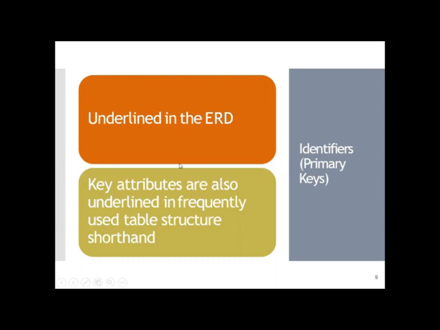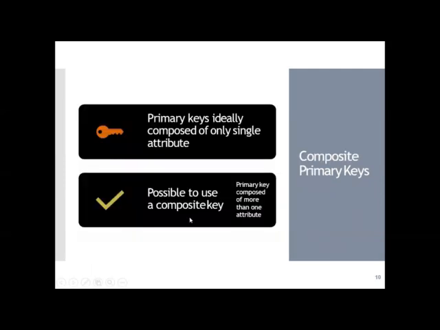Key attributes are also underlined in frequently used table structure shorthand. Composite primary keys. Primary keys ideally composed of only single attribute. Primary key composed of more than one attribute. It can be possible to use a composite key.